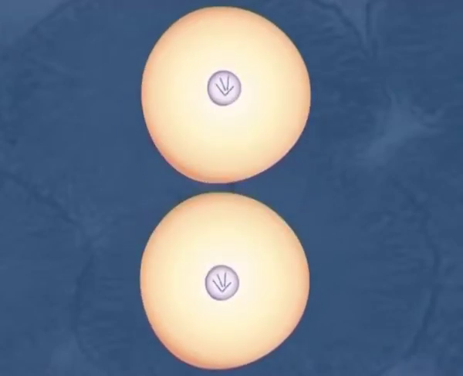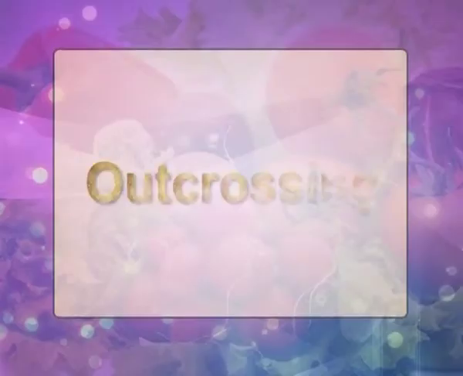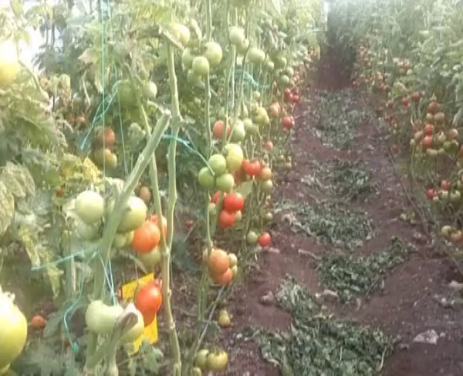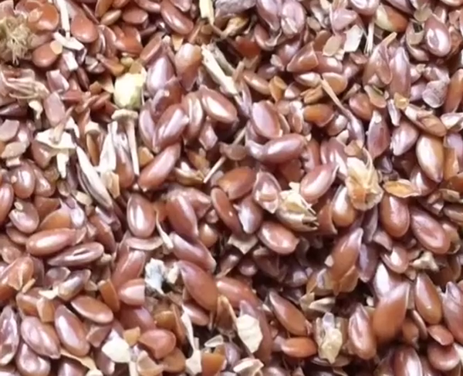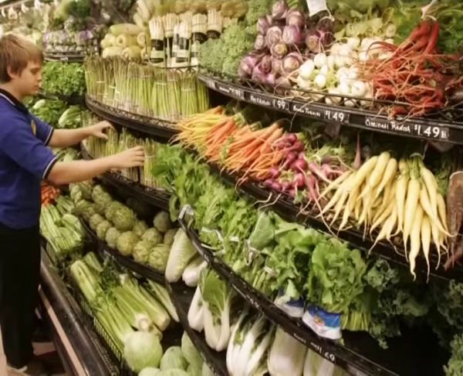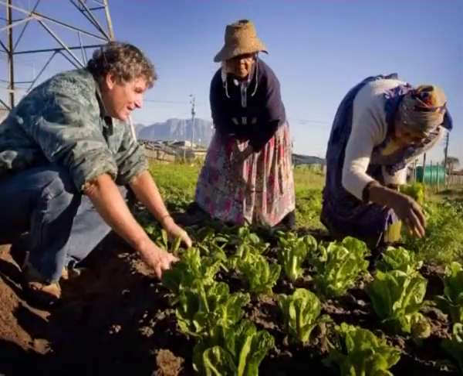Outcrossing. The migration of genes from GM plants into conventional crops or related species in the wild, referred to as outcrossing, as well as the mixing of crops derived from conventional seeds with GM crops may have an indirect effect on food safety and food security.